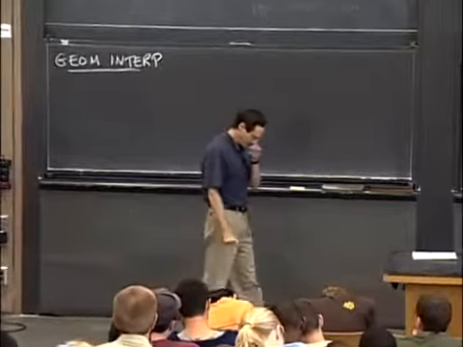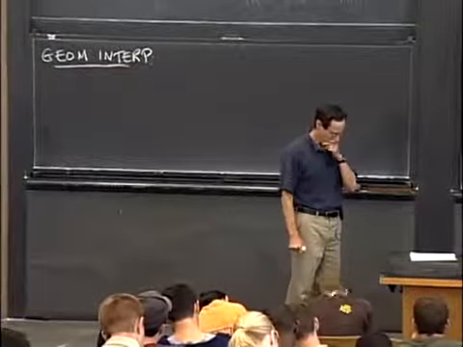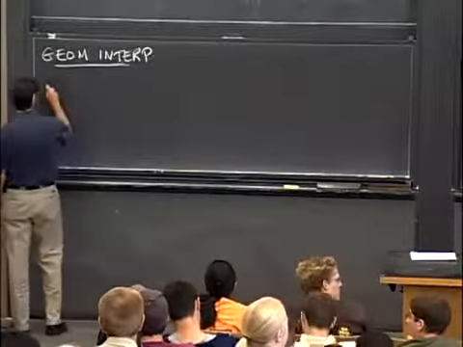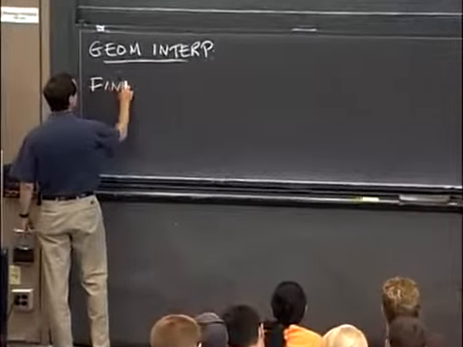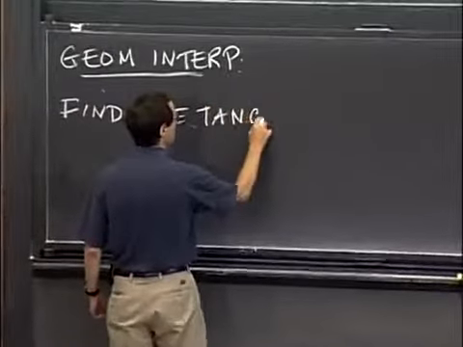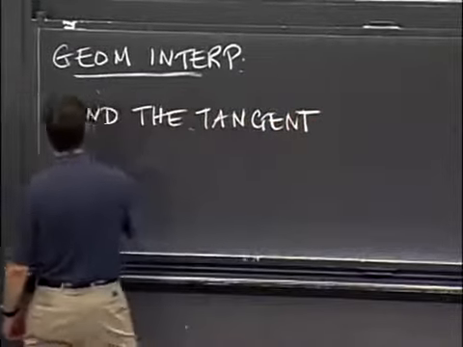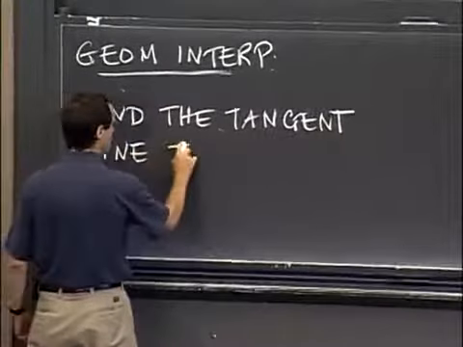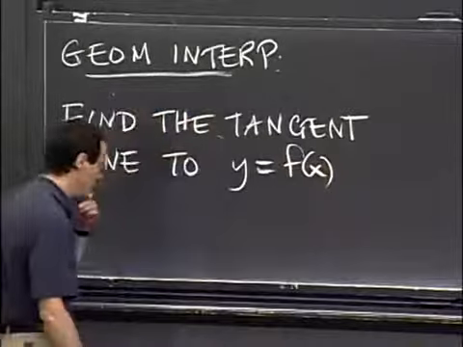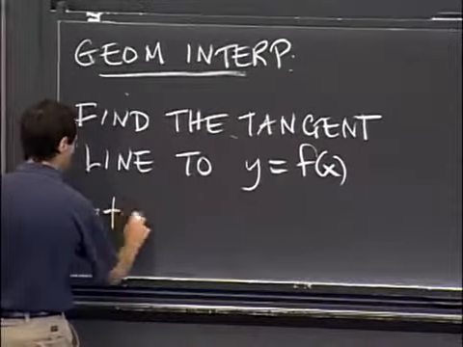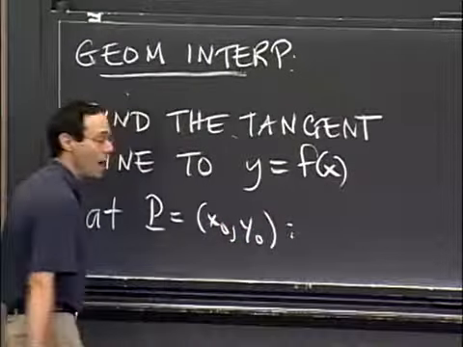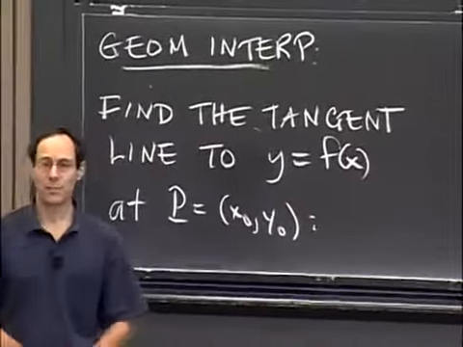And what we're going to do is just ask the geometric problem of finding the tangent line to some graph of some function at some point, which is, say, x0, y0. So that's the problem that we're addressing here.